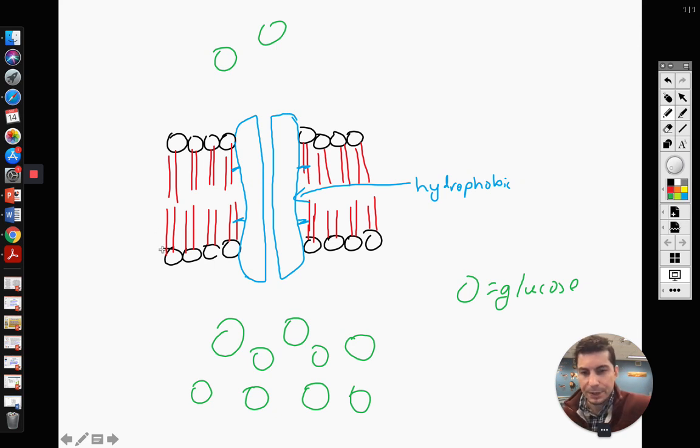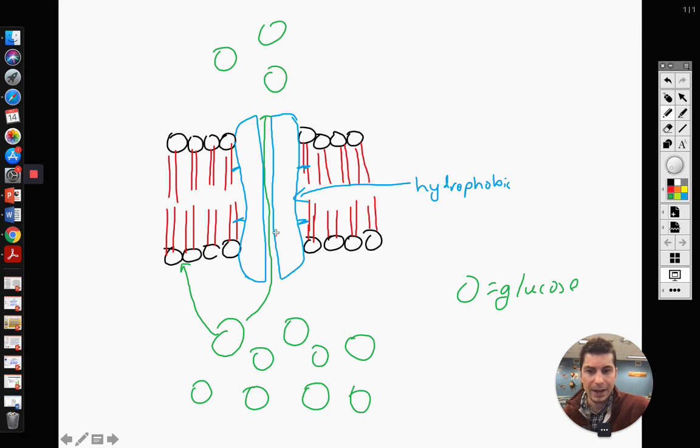What's going to happen is the glucose is unable to pass through our phospholipids like the oxygen was. So it was unable to do that. Instead, what's going to happen is they are going to go right through our channel protein to the other side.